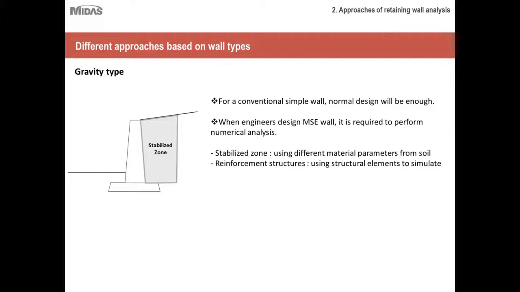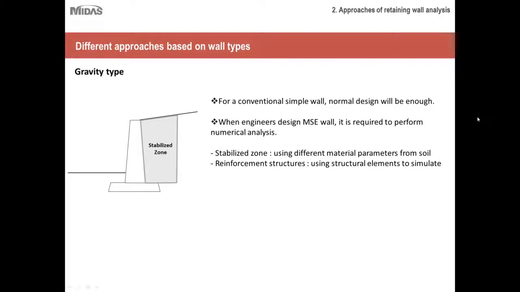Since the MSE wall in itself is constructed as different modules put together in stacks, it is basically a segmentally constructed structure, so you must consider its actual construction procedure, and at the same time you must use proper element types in order to simulate the same behavior.